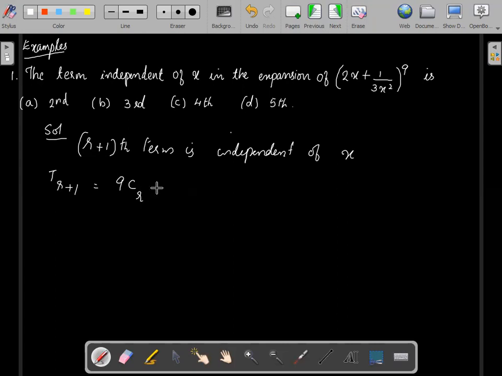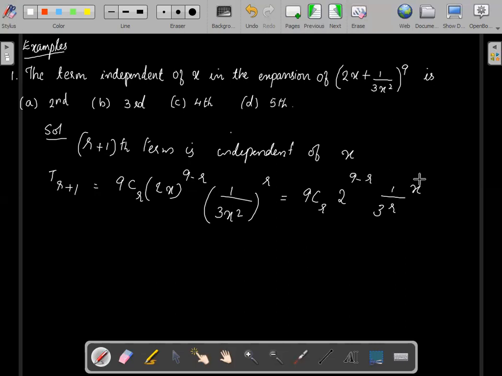So 9Cr (2x) raised to 9 minus r into (1 divided by 3x square) whole raised to r, which is equal to 9Cr 2 raised to 9 minus r (1 by 3) raised to r into x raised to 9 minus 3r എന്ന് എഴുതാം.